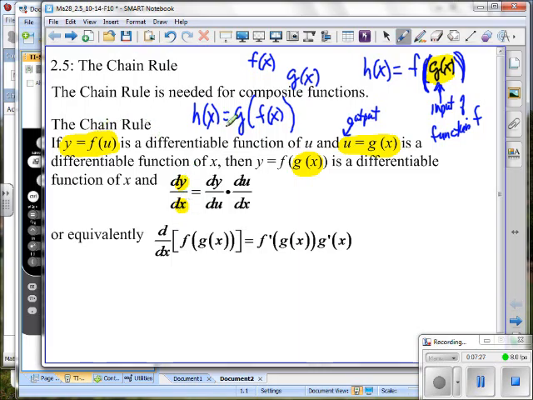Now, which of these three highlighted expressions can I represent with dy dx? And what I want you to focus on is what's the input and what's the output.